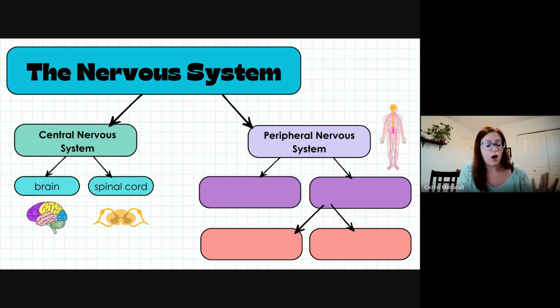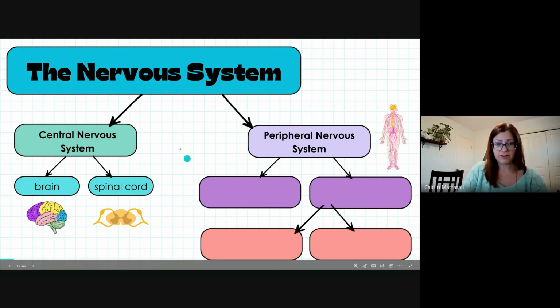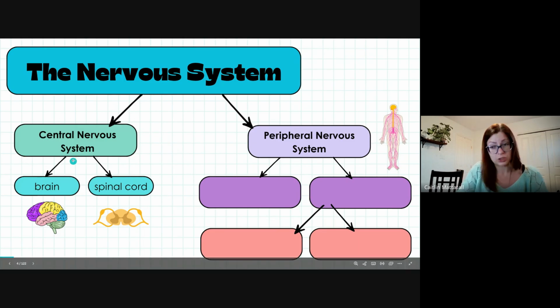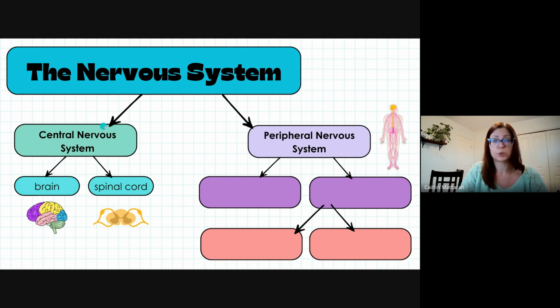It is what makes all of the life-giving events occur. And the spinal cord is like the highway that helps to take the information from the brain and transmit it to the rest of your body. So very, very important system, which is why it's the central nervous system, controls literally everything else.